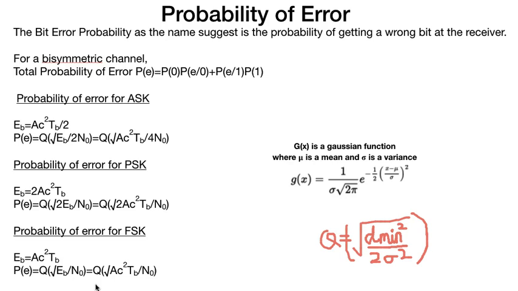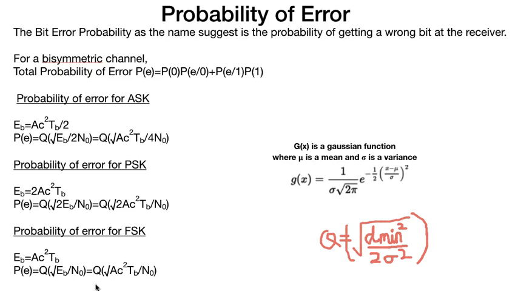Now D minimum squared, which we have already calculated: in ASK it will be equals to EB, for PSK it will be equals to 4EB, for FSK it will be 2EB, right? Where sigma and N0 is for noise. Remember, sigma squared is a power, the power spectral density, which will be equals to EB by 2 N0.